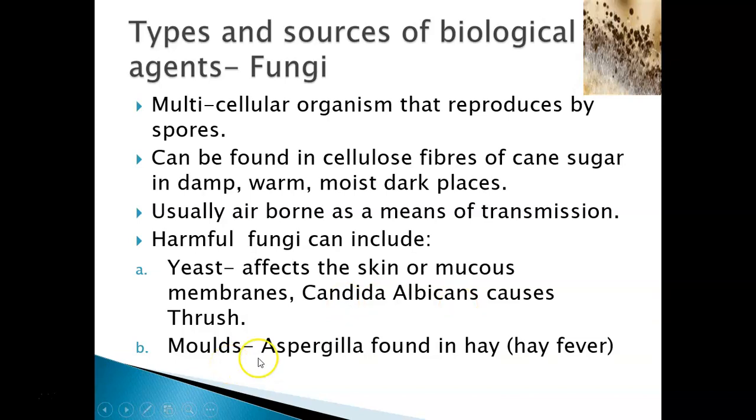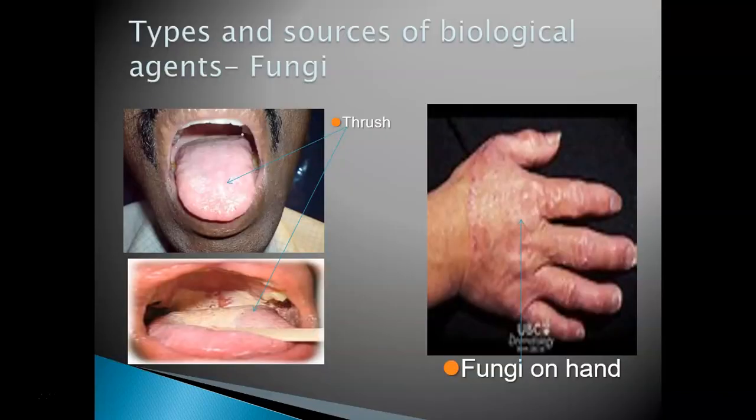Molds, aspergillus, found in hay and also responsible for hay fever. Not too many exam questions here. I have seen one or two on hay fever, but in much older past papers anyway. Types and sources of biological agents: fungi, thrush, fungi on the hand, etc.